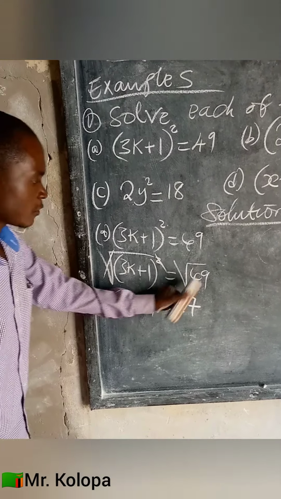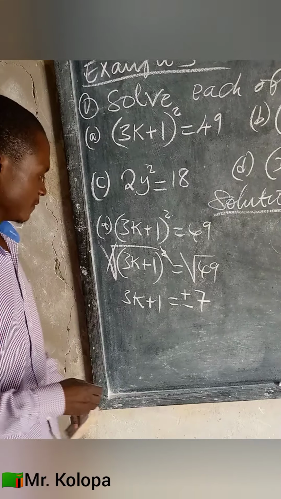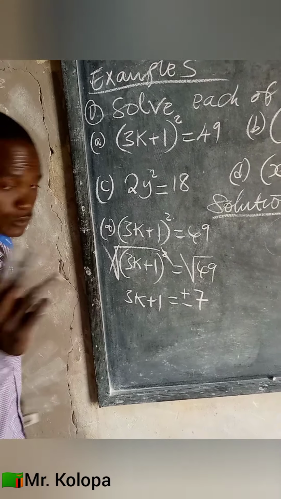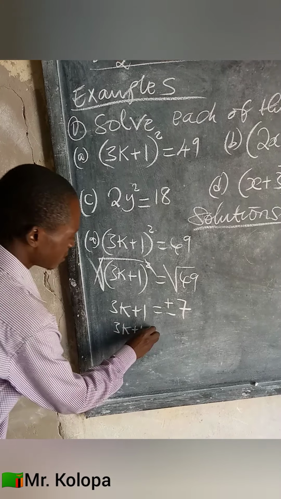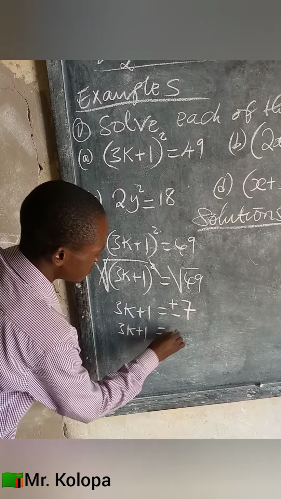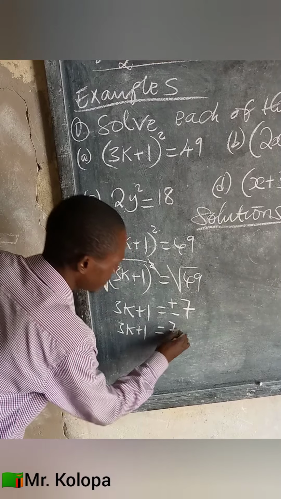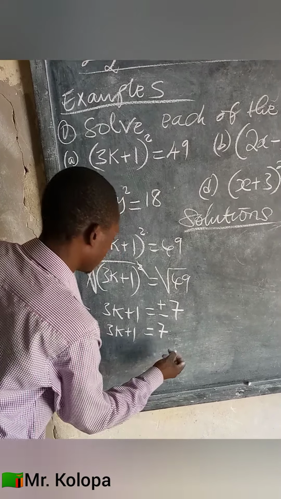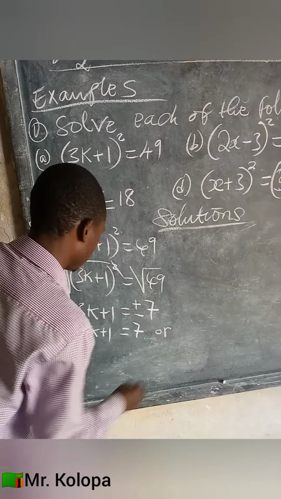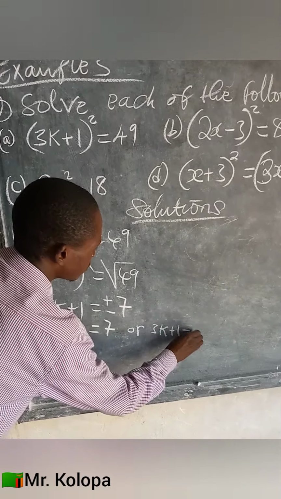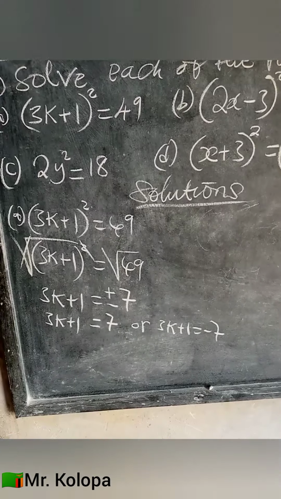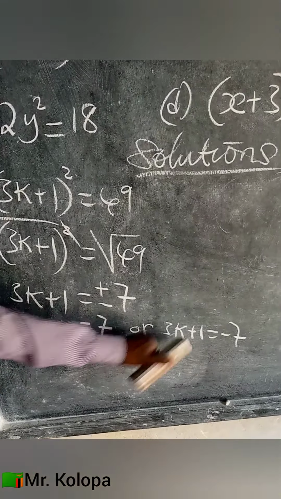The square root of 49 is 7. Now we have two equations. The first is 3k plus 1 is equal to positive 7, or 3k plus 1 is equal to negative 7. Then you solve this equation and that equation.